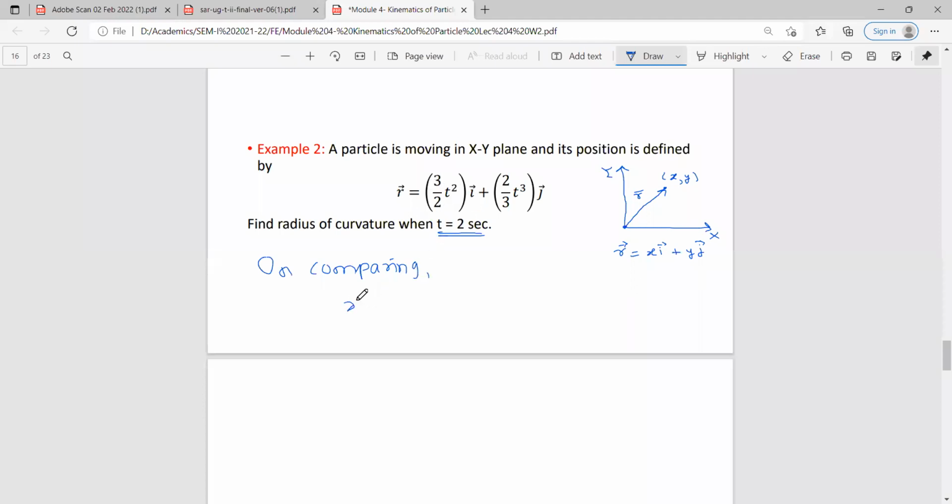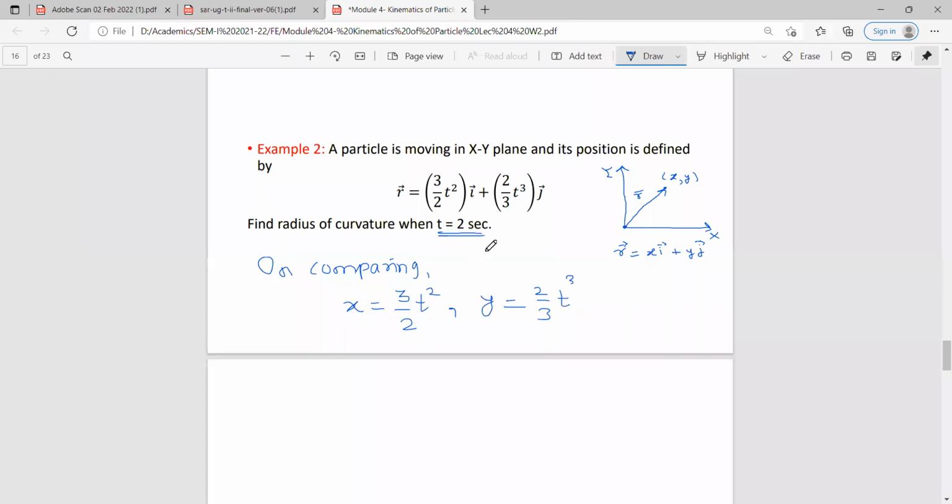So x is equal to 3 by 2 t square, and y is equal to 2 by 3 t cube. On comparing with the position vector, we see x is equal to this, y is equal to this. So here y is not mentioned as a function of x. Both x and y are functions of time.